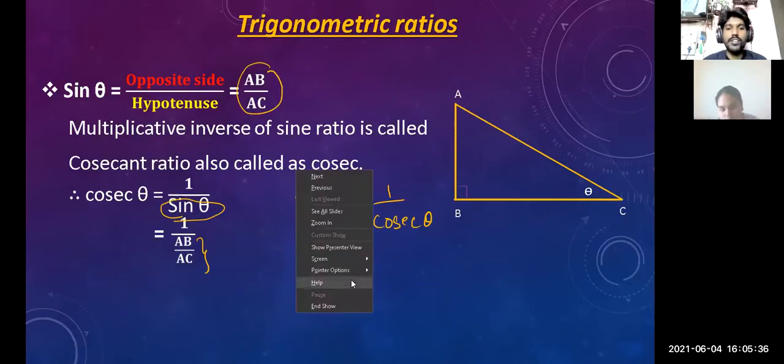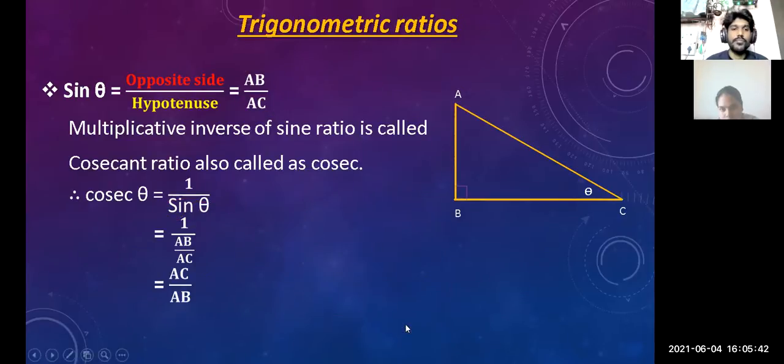Now next is just a matter of rearranging. So when you take 1 upon this fraction, it will just get reciprocated, or you can say this denominator goes up. So it becomes AC upon AB.